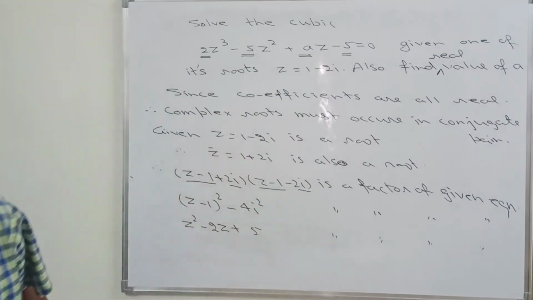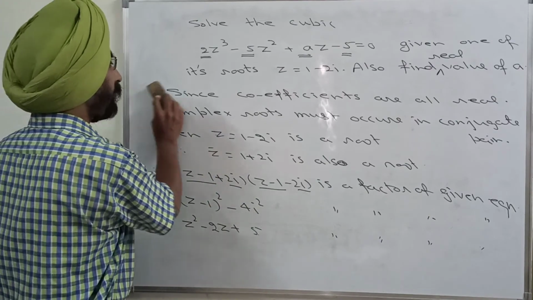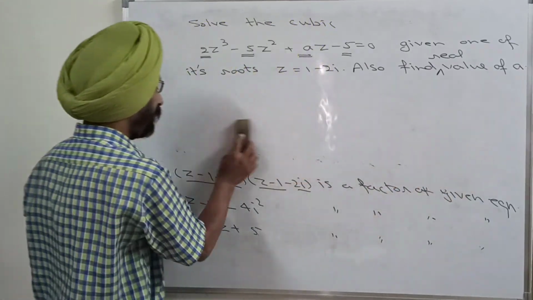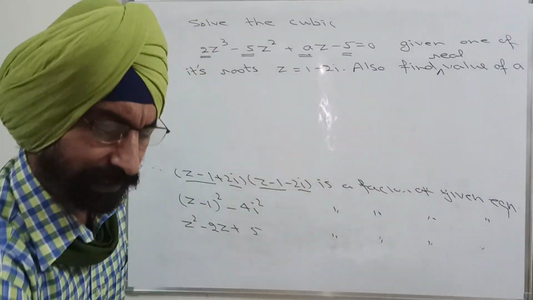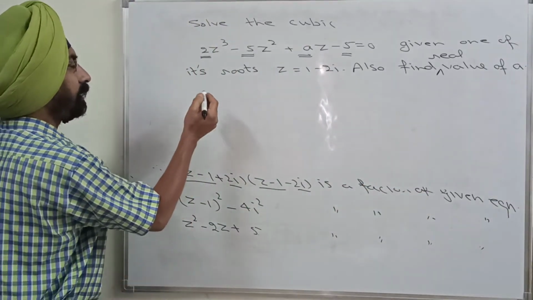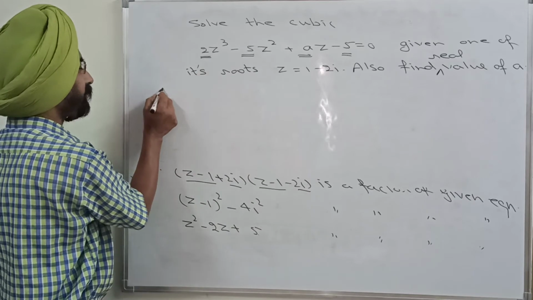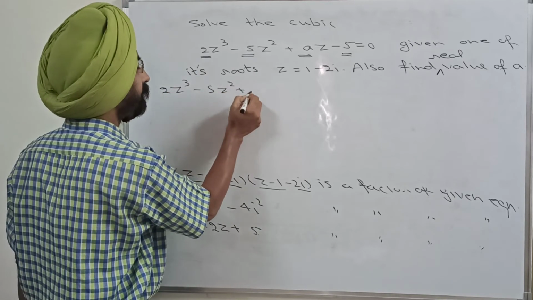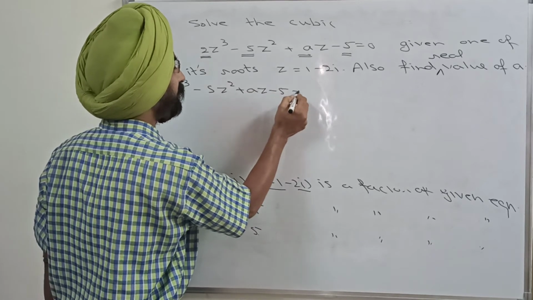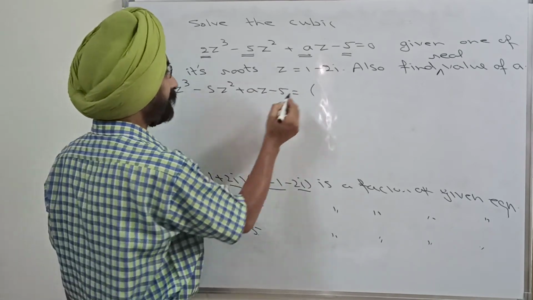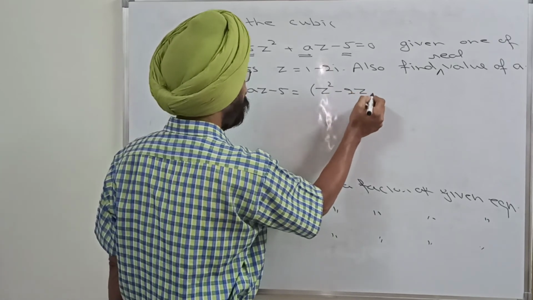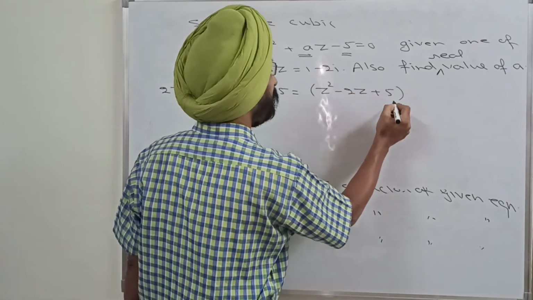Now you can factorize the given equation. You are having one factor. Let us see what will be the other factor. It's very easy. Your given equation is 2z cube minus 5z square plus az minus 5, and one of the factors is z square minus 2z plus 5.